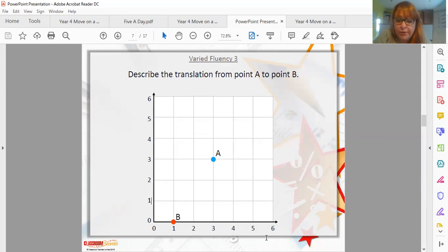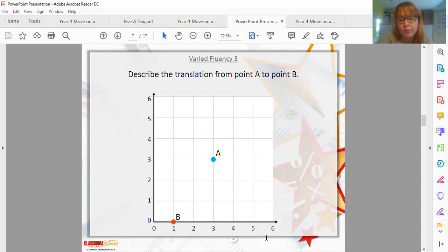This one's saying, can you describe the translation? So can you write it? Can you have a go on your whiteboard for me? What did you say? Am I right? If I said you go up 2 and across 2 and down 6, would that be right?